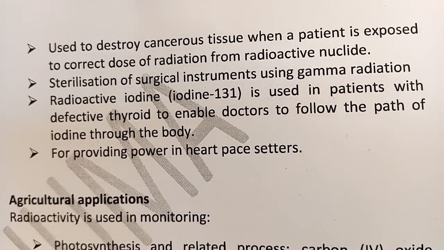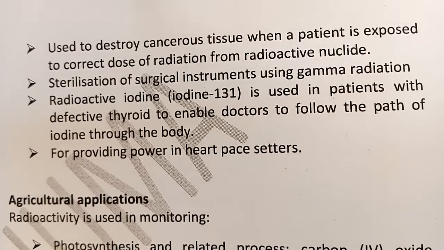Sterilization of surgical instruments using gamma radiation. Radioactive iodine, iodine-131, is used in patients with defective thyroid to enable doctors to follow the path of iodine through the body. And finally, for providing power in heart pacemakers.